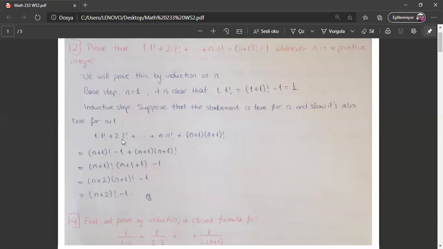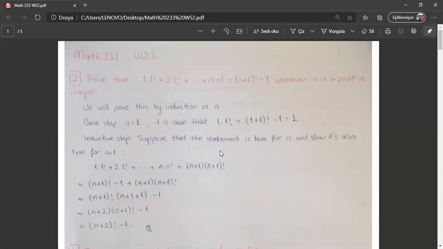Now look at the inductive step. For this step, we first suppose that the given statement is true for n, and we will show it's also true for n plus 1. Okay? Now let's write it for n plus 1. Write this equality for n plus 1.